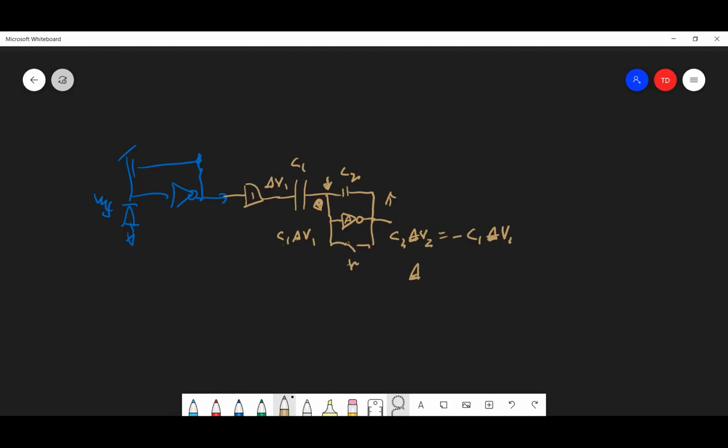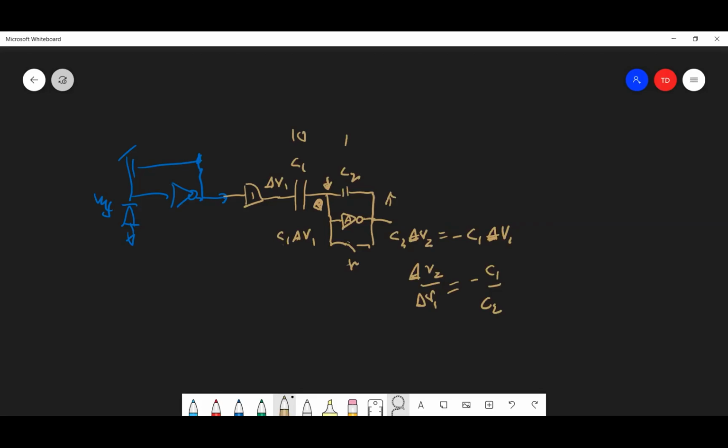If the input puts a certain charge on, the output has to take it off. Otherwise, the voltage at the input of the amplifier is going to move. So delta V2 over delta V1 is minus C1 over C2. In other words, if this has 10 units of capacitance and this is 1, then the gain would be minus 10.